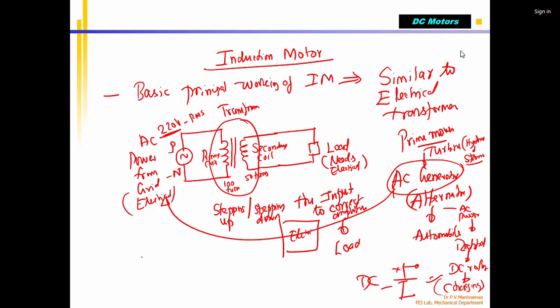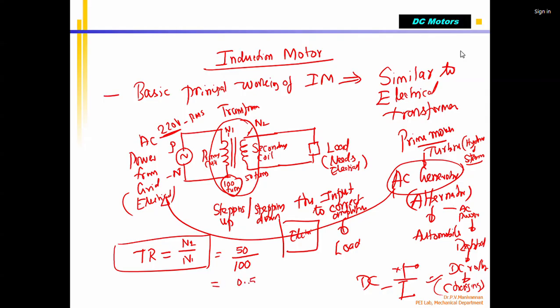We say the transformer ratio, TR, is equal to N2 divided by N1, where N1 is the number of turns of the primary coil and N2 is the number of turns of the secondary coil. You would already have studied this, it is very simple. So what is the transformer ratio for this transformer? 50 divided by 100. So the transformer ratio is 0.5.